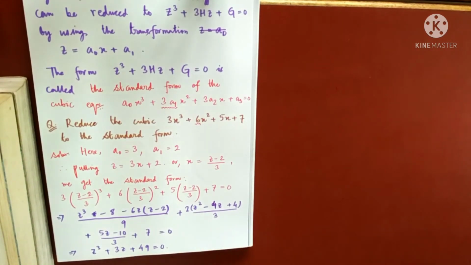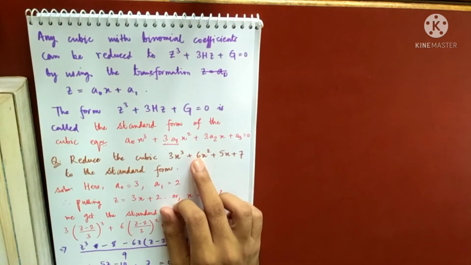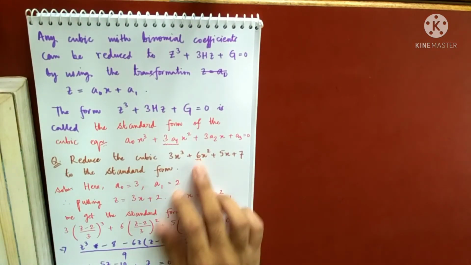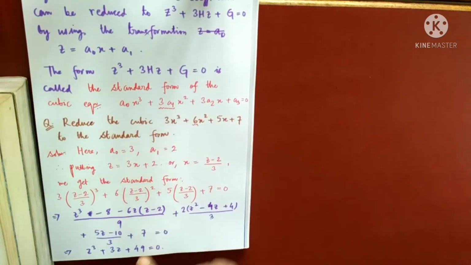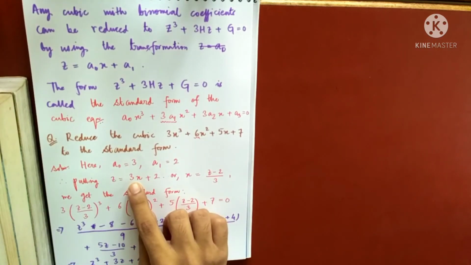So the basic funda is, if you have to solve any cubic with binomial coefficients, you first have to reduce this into the standard form. Once you have reduced this into the standard form, you can again get back the roots of the original equation using this transformation.